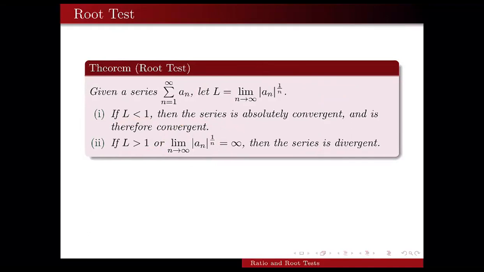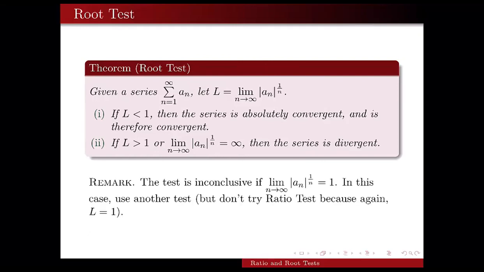And just like the ratio test, it will be inconclusive if the limit is equal to 1. In this case, you use another test. But don't try to use the ratio test, because you will get the same conclusion, meaning the limit will still be equal to 1. So you have to use another test.